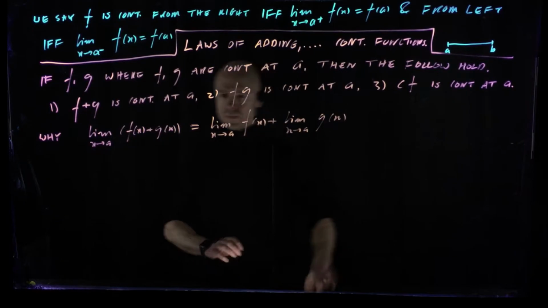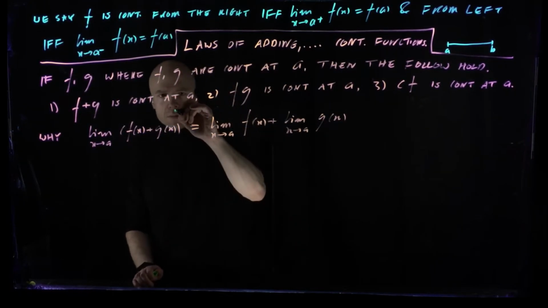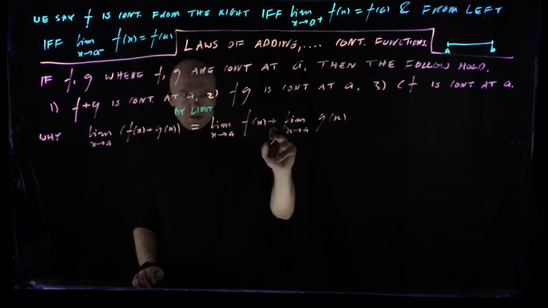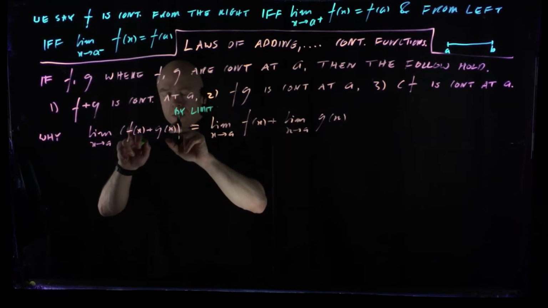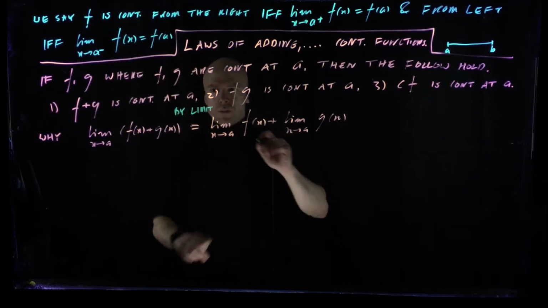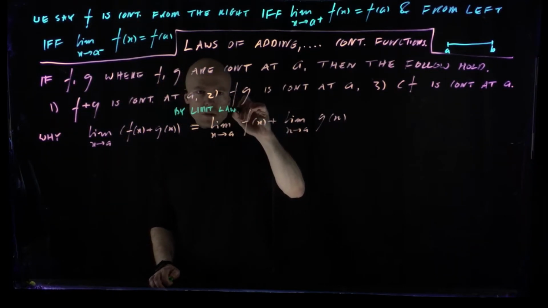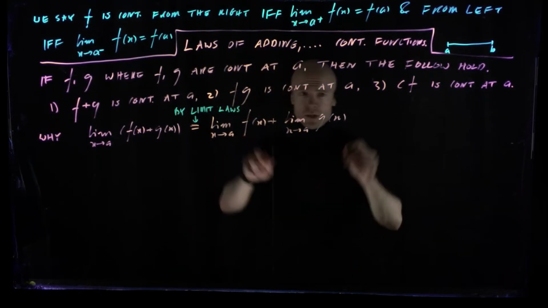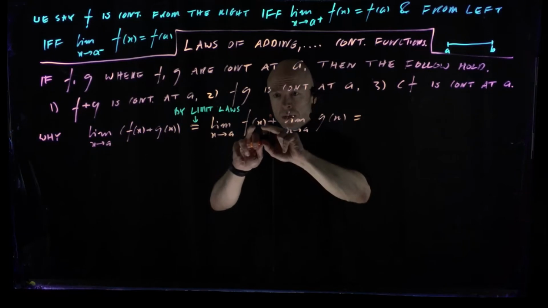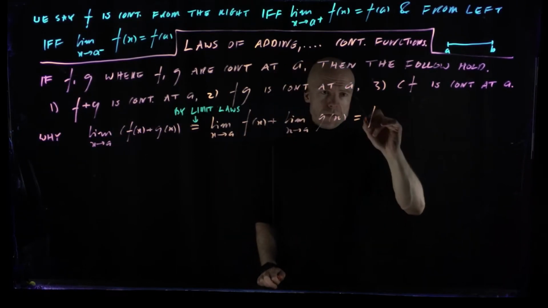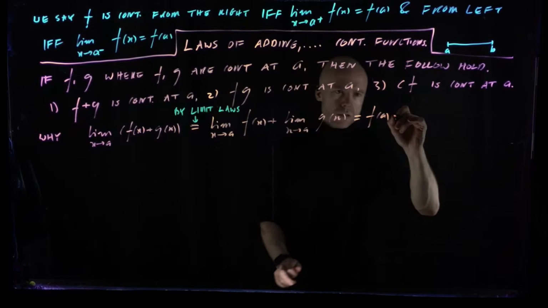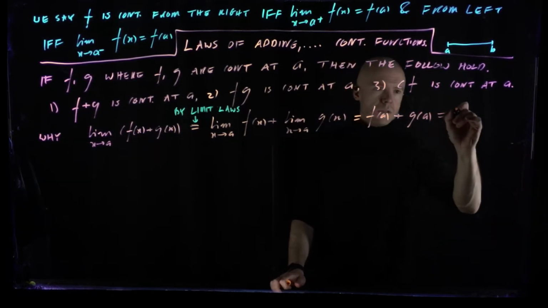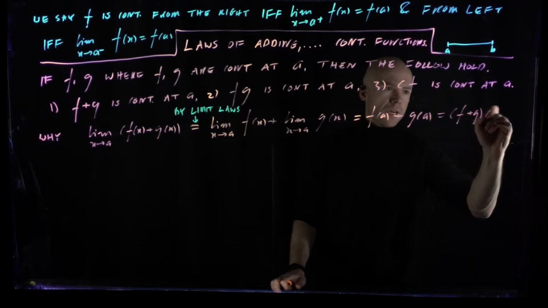Which we saw before. Since both these limits exist, the limit of the sum is the sum of the limits. Okay? And by definition of continuity, the limit as x goes to a of f of x is just f of a. And this thing is just g of a. Which is the same as f plus g acting on the point a.